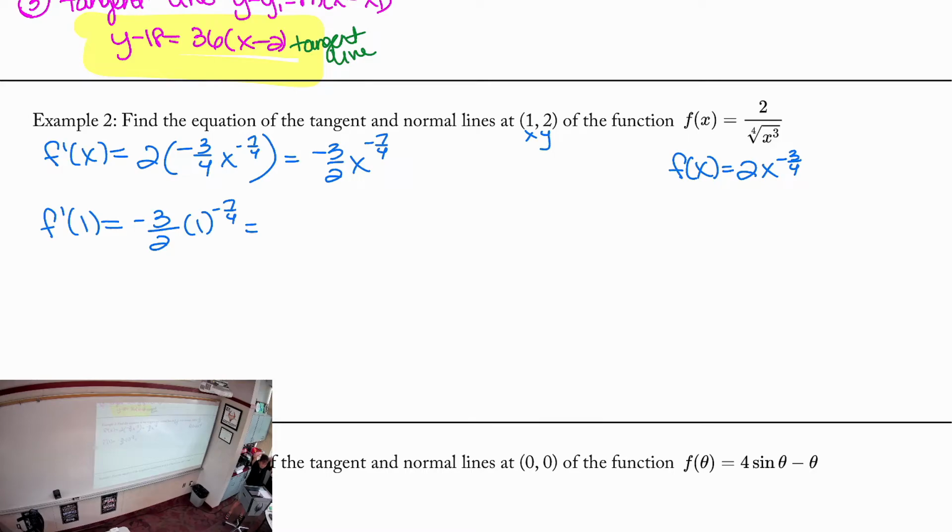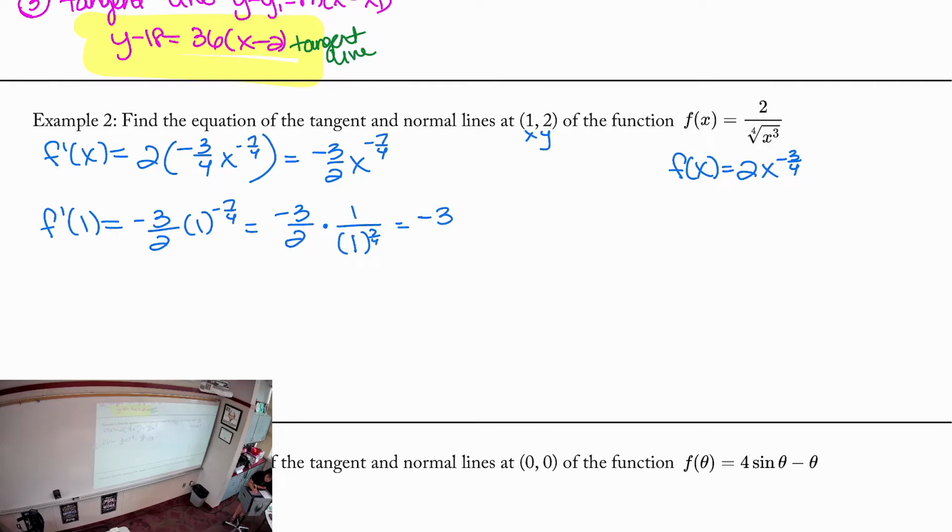Okay, and it's going to get harder because you're going to be like, what am I supposed to do with this now? I totally forgot. Obviously it doesn't really matter because it's 1. But I want you to understand that technically this is 1 to the 7/4.